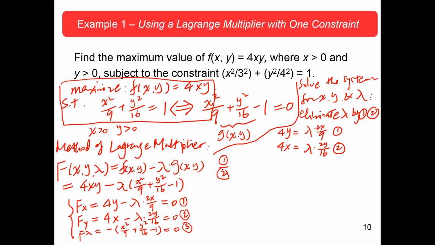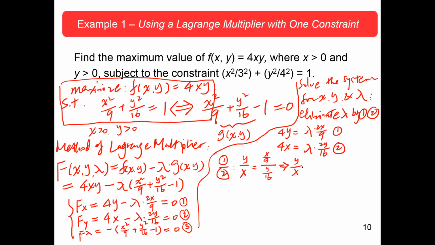Let's do equation 1 divided by equation 2. If you do 1 over 2, then lambda will be eliminated right away, right? Leaving y over x equals, the lambda will be gone in no time. And the 2 and 2 could be reduced. And I have basically x over 9 over y over 16, right?